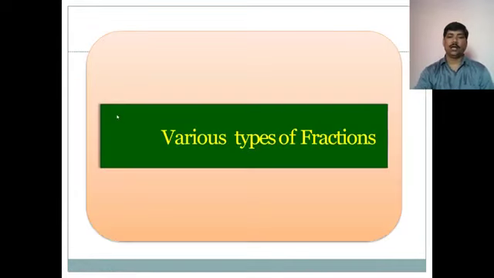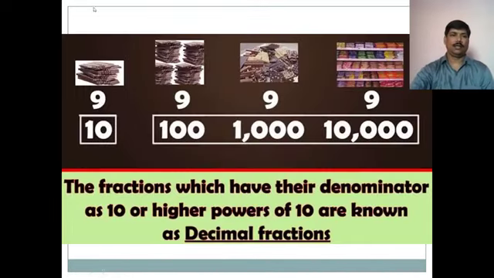Next, now we will study the various types of fractions. As you are seeing here, here are some fractions: 9 upon 10, 9 upon 100, 9 upon 1000, 9 upon 10,000.